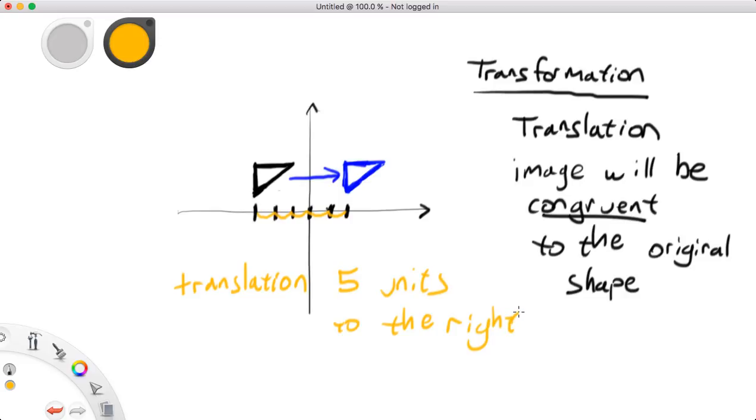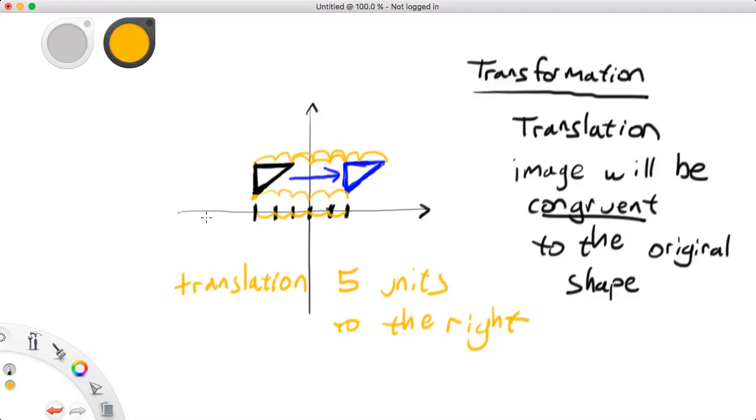Okay, and let's just say we had some markers here, right? We could even talk about mathematically how far we moved this. You can see, since I put them in there, that we moved this thing over 1, 2, 3, 4, 5 units.